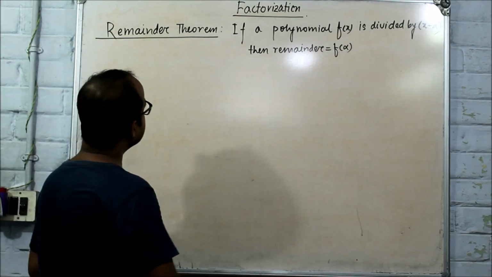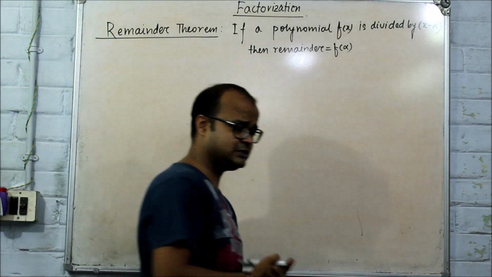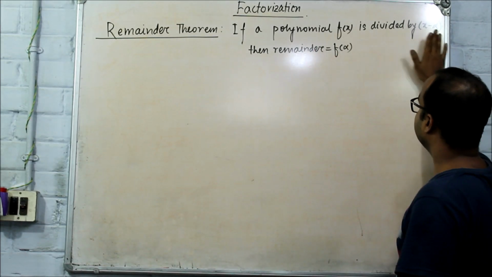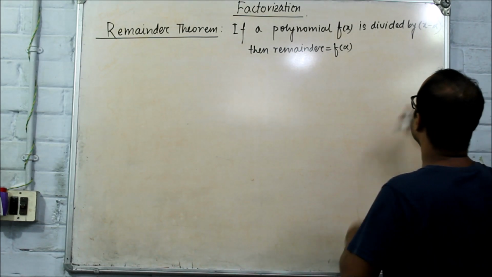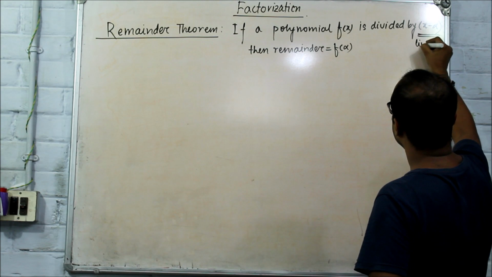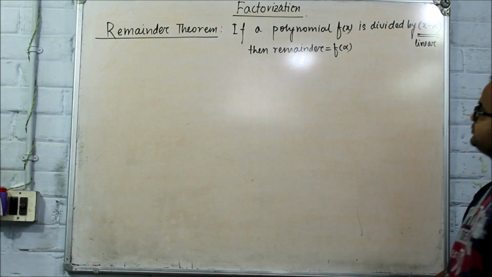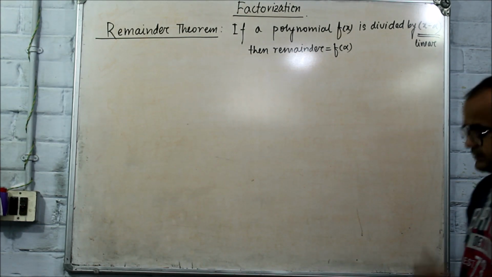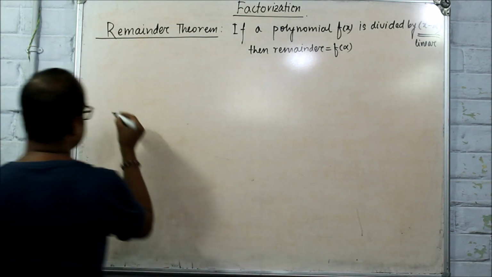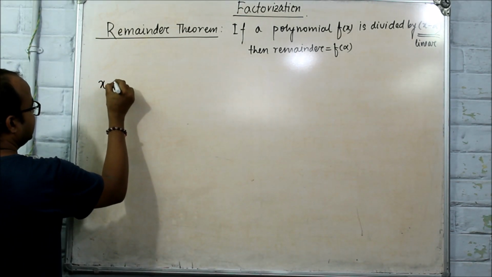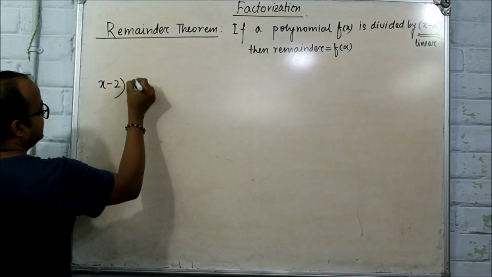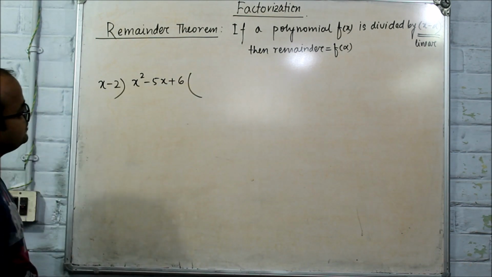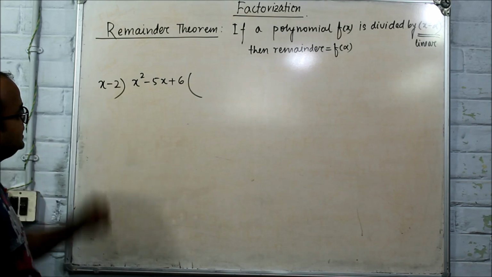Now let us discuss the remainder theorem first, and I will give you an example of how the theorem works. If a polynomial f(x) is divided by x minus alpha, this is important, it should be a linear polynomial, then the remainder is equal to f(alpha). Let me take an example: x square minus 5x plus 6 divided by x minus 2.